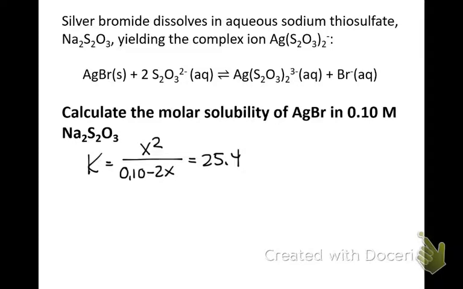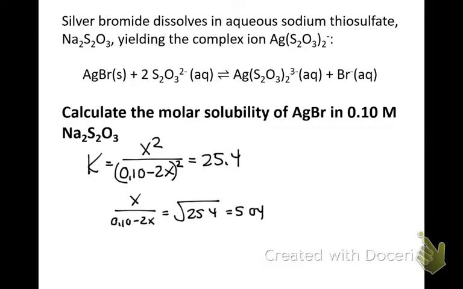Since we have squares on both sides, we can take the square root of both sides and get that x over (0.1 minus 2x) equals the square root of 25.4, which is 5.04.